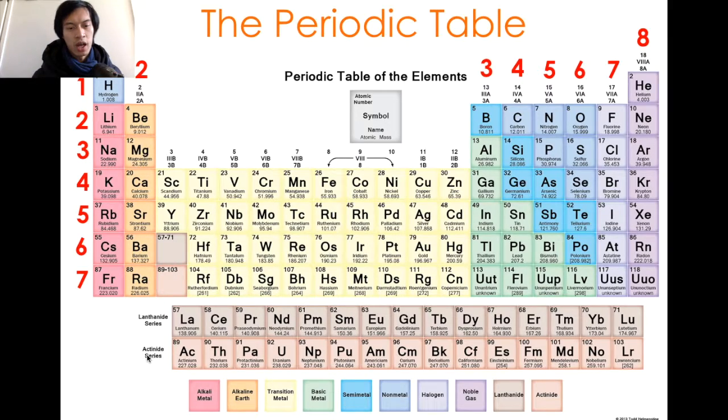And then you've also got the actinide series, which is numbers 89 to 103, all squeezed inside this little bracket here. So you can think of it as lanthanides beginning with lanthanum all inside here, and actinides beginning with actinium all inside this little group here, and then the pattern continues as per normal.